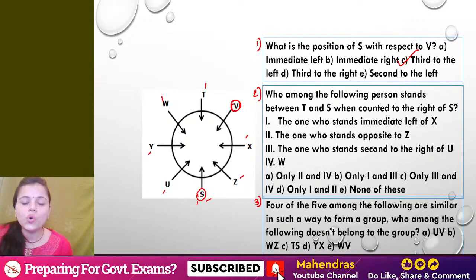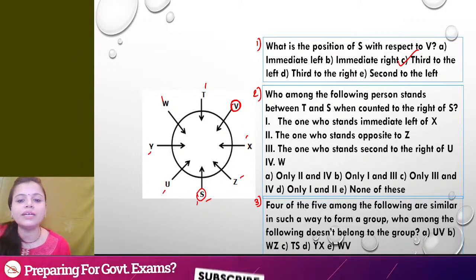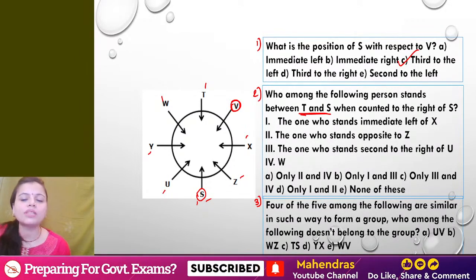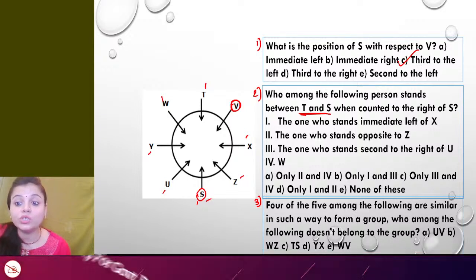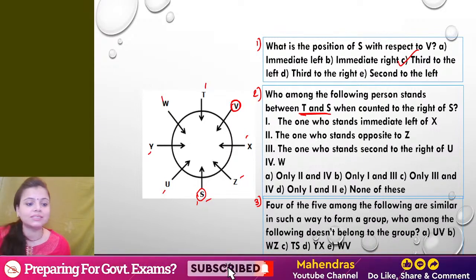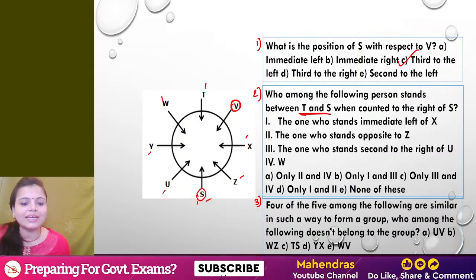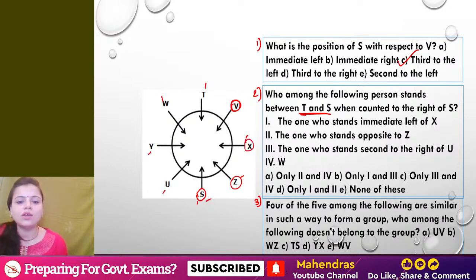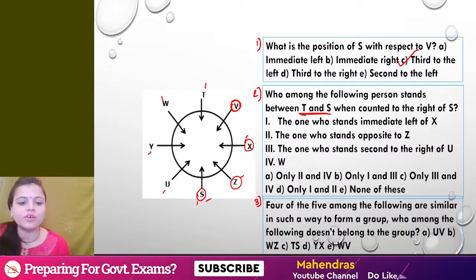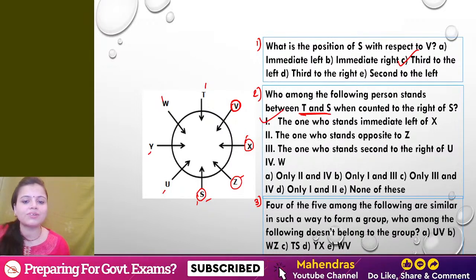Next is, who among the following persons stands between T and S when counted to the right of S? Okay, to the right of S. So these three persons are there, Z, X and V. Just see the one who stands immediate left of X. Yes, the first one is right.